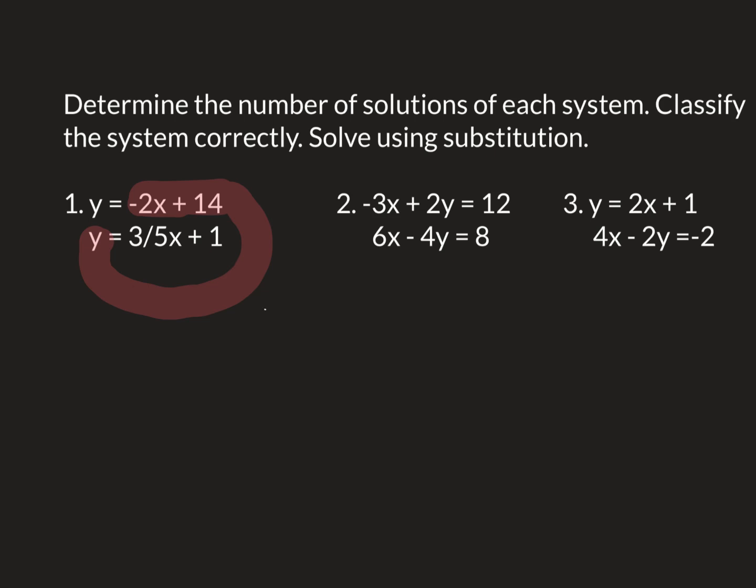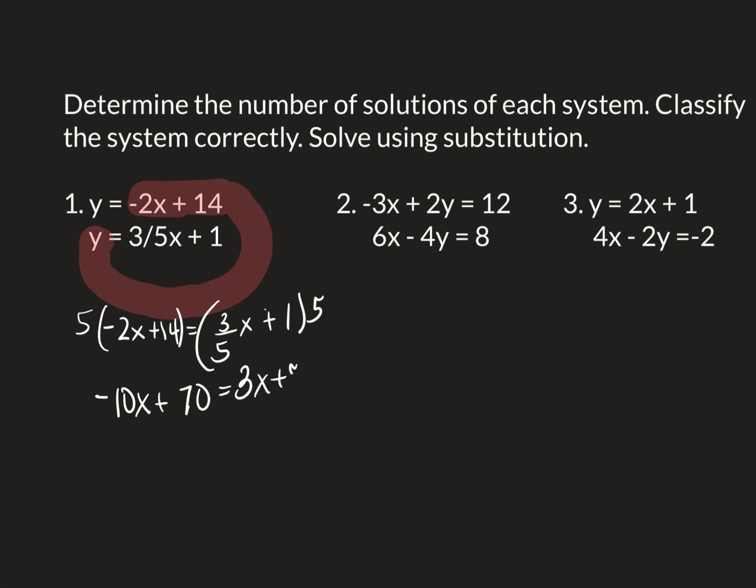So I would have negative 2x plus 14 equals 3/5 x plus 1. Now I want to get rid of this 5 as a fraction, so I'm going to multiply everything by 5 to get rid of it. That'll help us out. So negative 10x plus 70 equals 3x plus 5.